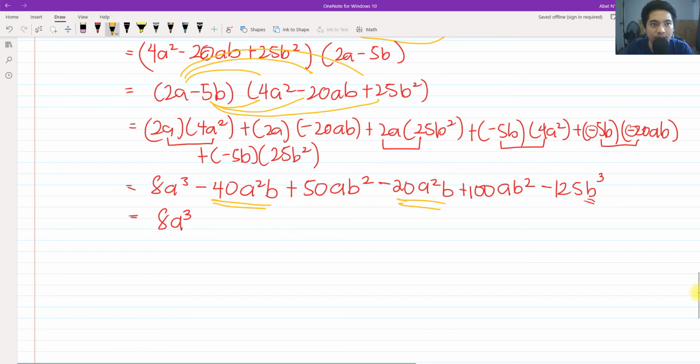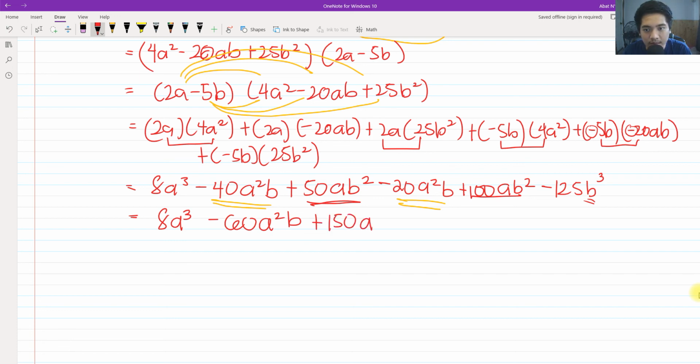Negative 40 minus 20a squared b, so that's negative 60a squared b. Then we have ab squared and ab squared. So 50 plus 100, that's plus 150ab squared. Then we have negative 125b cubed. And this would be the result of our product.